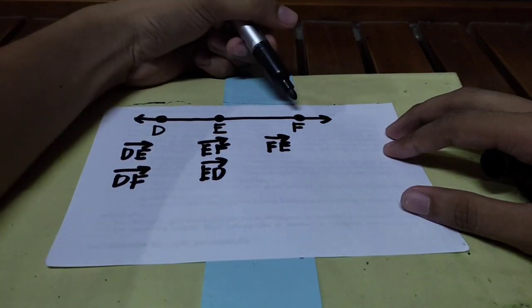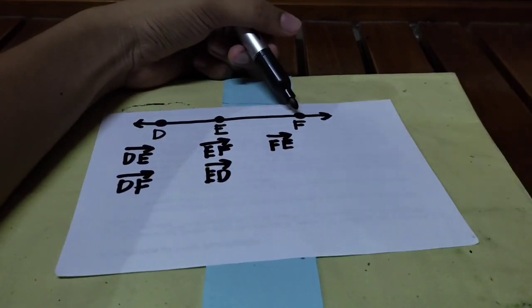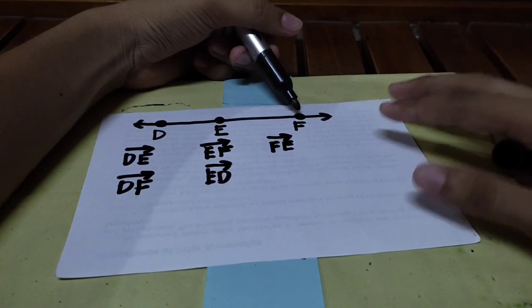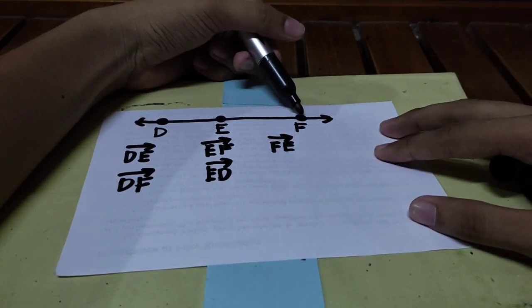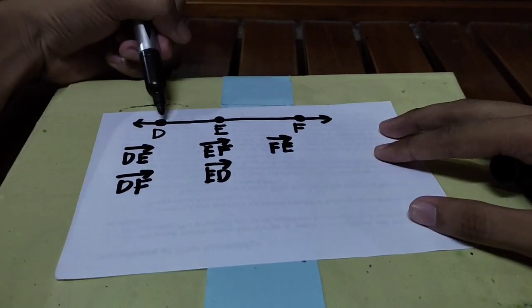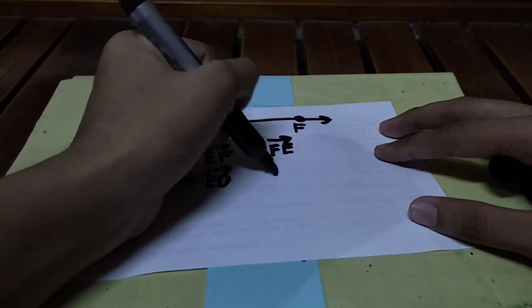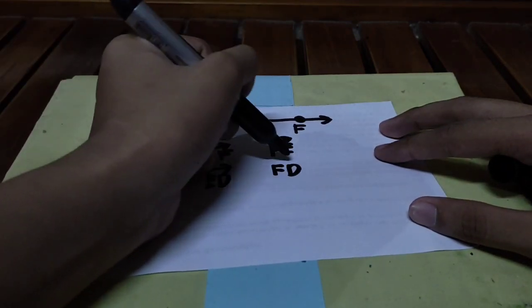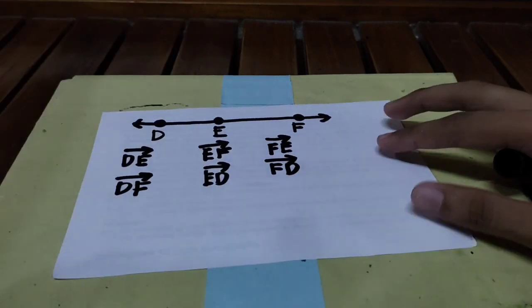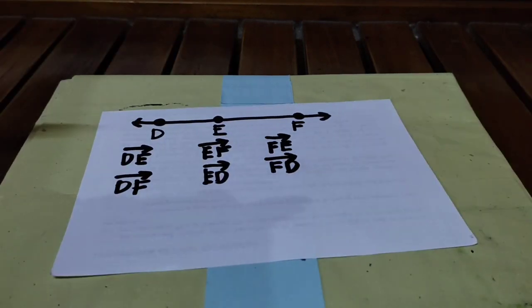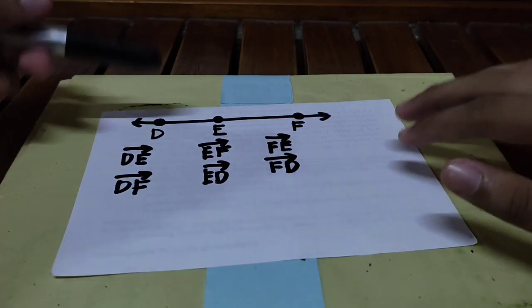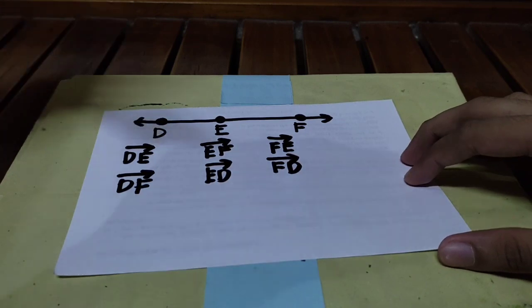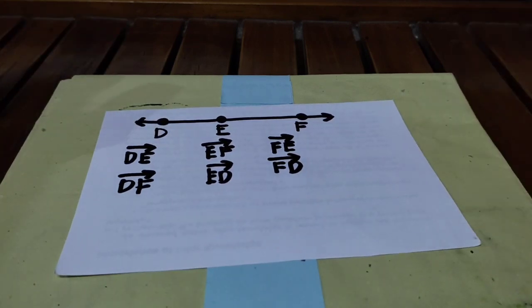And if we have the endpoint F, we can also have ray FD. Okay, and these are the two subcategories of our subset of a line. First is the line segment, and the second one is rays.